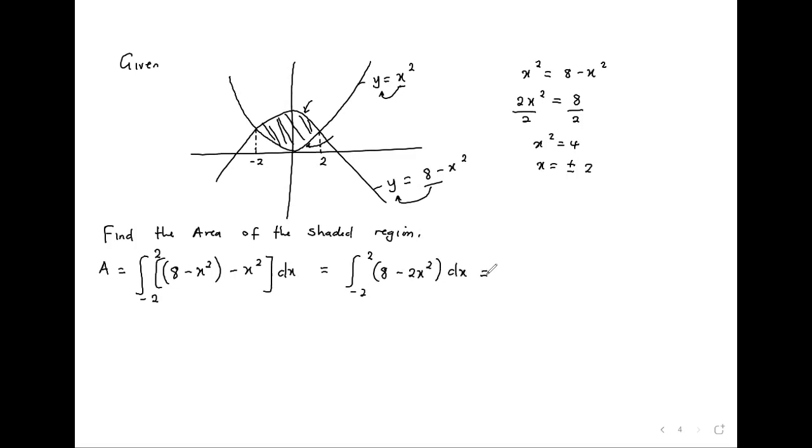We can now integrate. So we have 8x minus 2x cubed over 3, and substitute in this order.